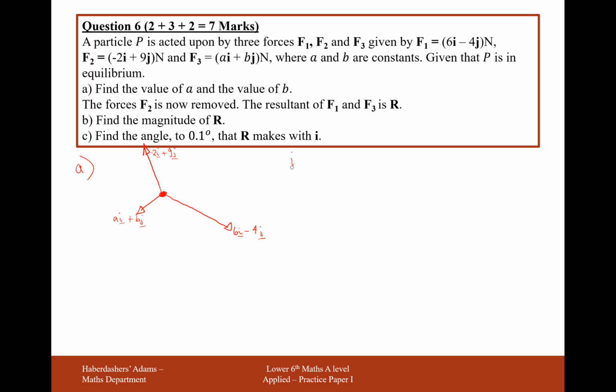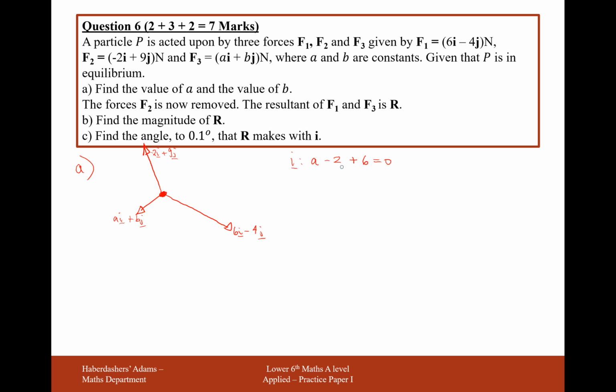Just looking at the i forces to start with, we're going to have a minus 2 plus 6 equals 0, because we don't want it moving left or right by anything, so these forces must all balance out.